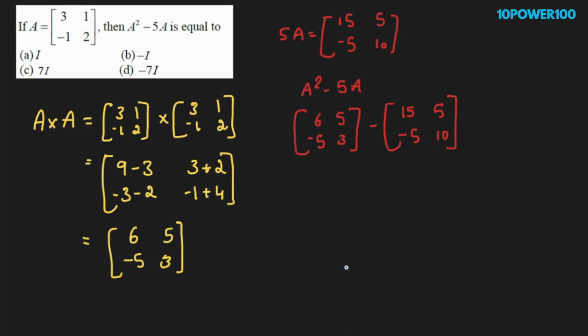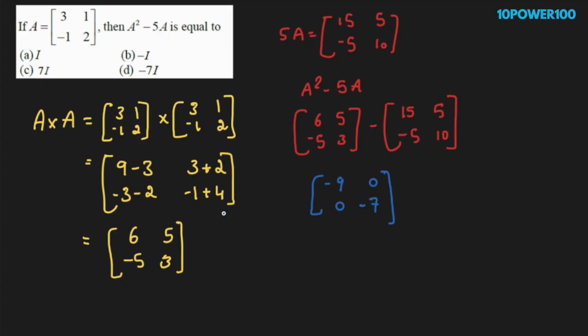If you subtract, we get 6 minus 15 is minus 9, 5 minus 5 is 0, this is 0, and 3 minus 10 is minus 7. Did I make any mistake?